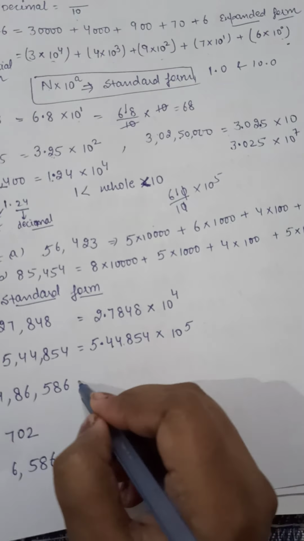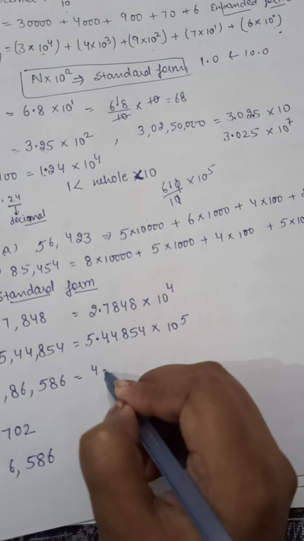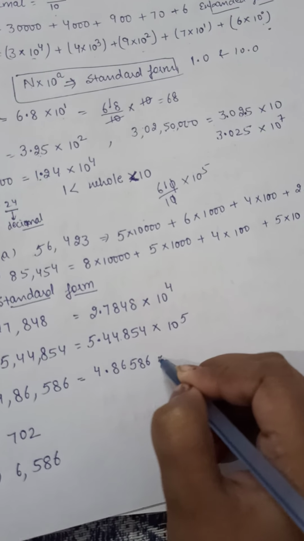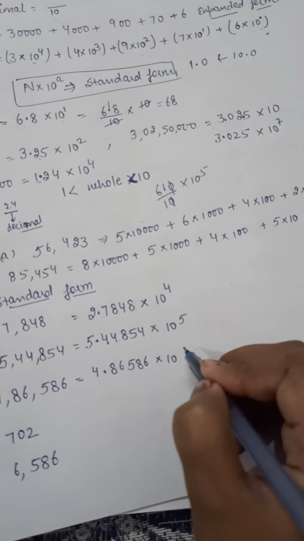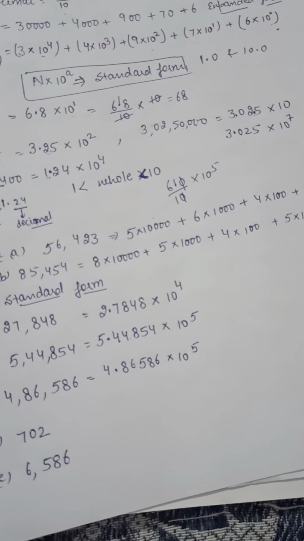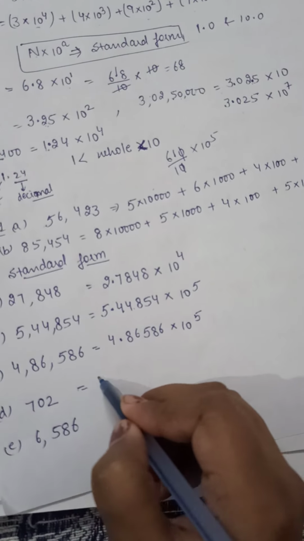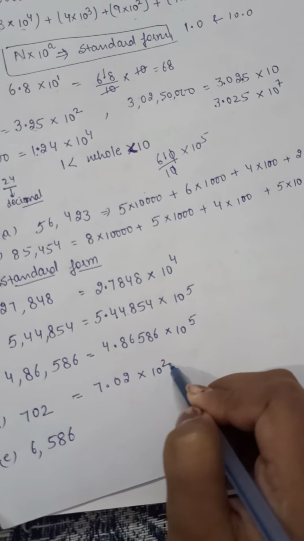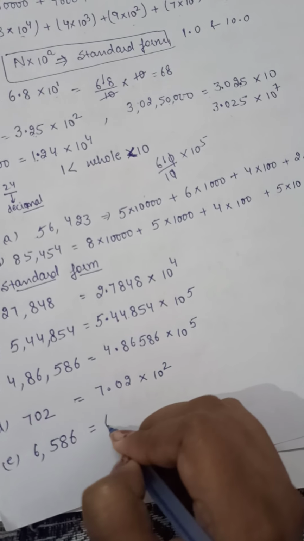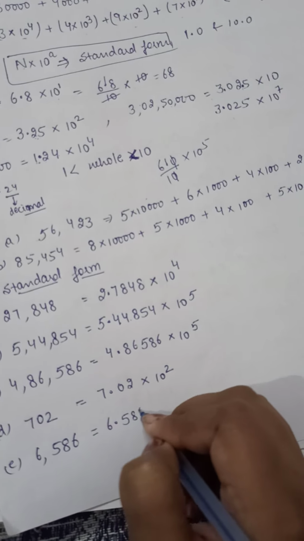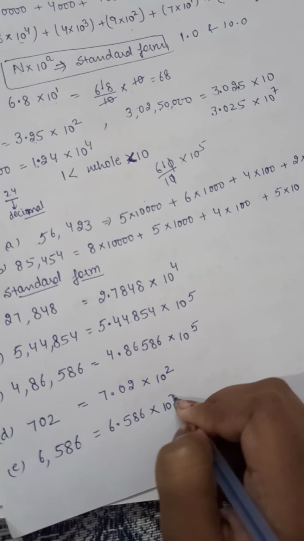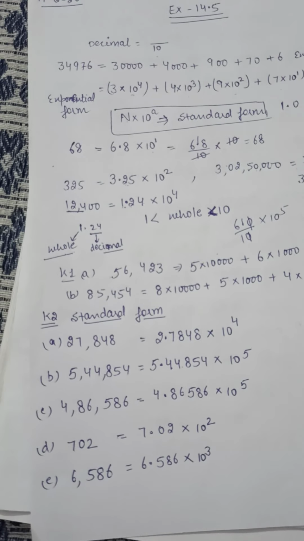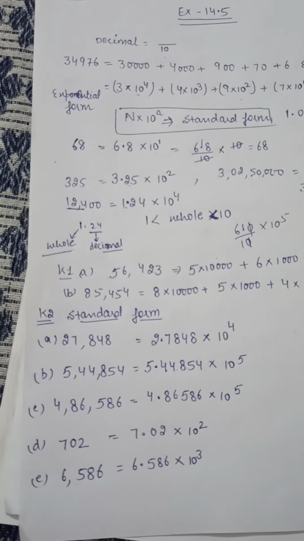Now same we will go with the next number, 4 decimal 86586 multiply with 10 to the power 5. 702 7 decimal 02 multiply with 10 to the power 2. And next number 6 decimal 586 multiply with 10 to the power 3. This is the way to write the standard form of any number, which is very easy.